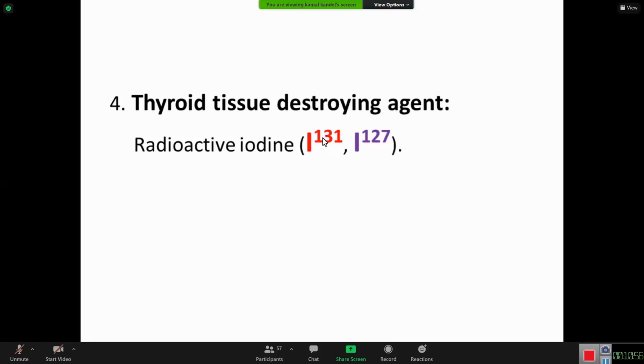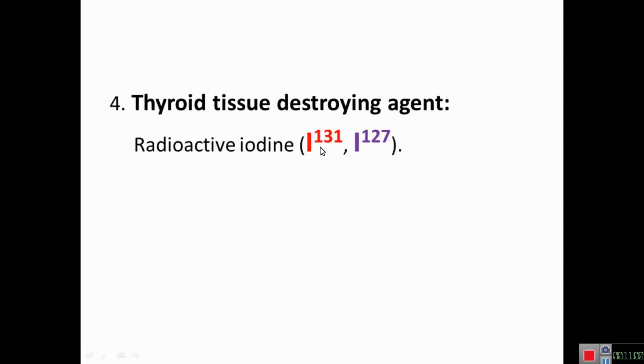Isotope 131 is used for the therapeutic purpose, whereas isotope 127 is used for the diagnostic purpose for hyperthyroidism. For treatment we use isotope 131, whereas for diagnosis we use 127.